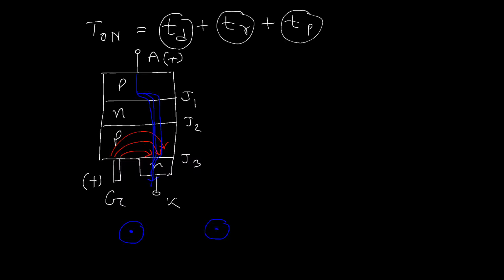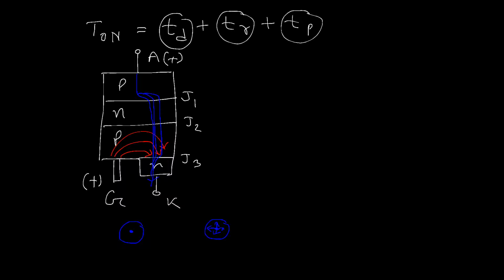It was first defined by a point, now it starts spreading in this way. But it is not able to cover the entire cross section of the cathode. That is why we cannot say the anode current starts conducting easily. That is why the duration of this time is called rise time.